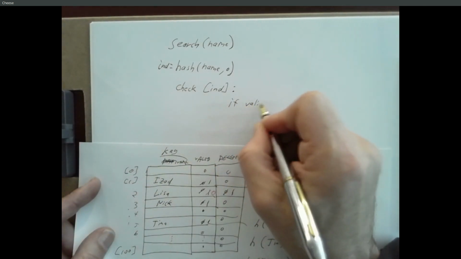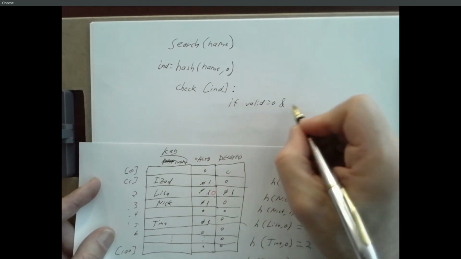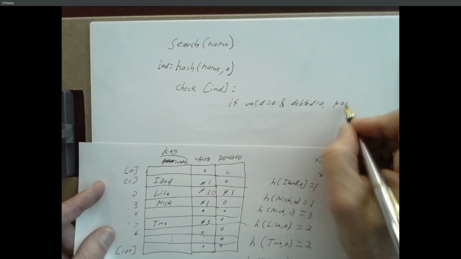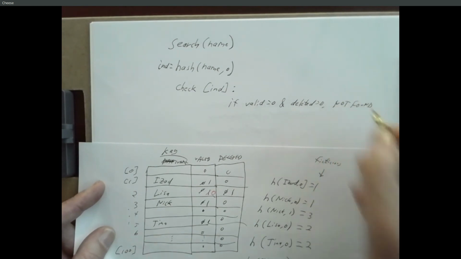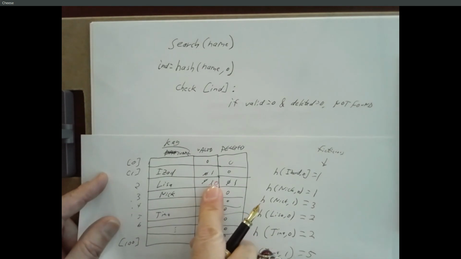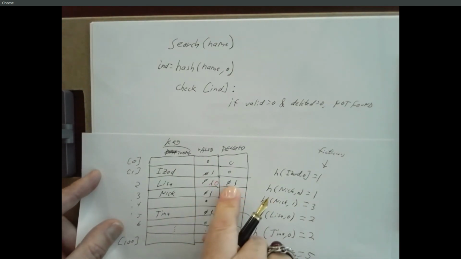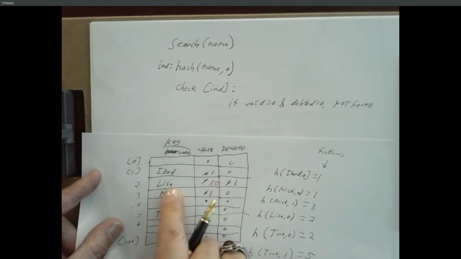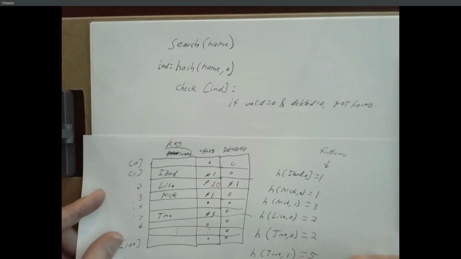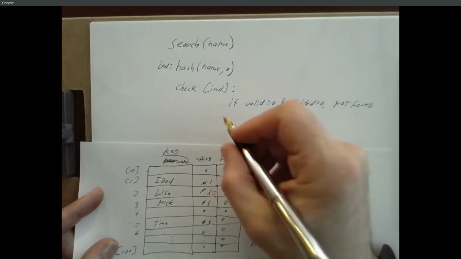If valid equals 0 and deleted equals 0, it's not found. Because we hashed to this location, there's no collision, and there's no chance there was ever a collision, because this location has never been used. It's not the name we're looking for, because it's not valid, so the name's not found in the table. So we're done.